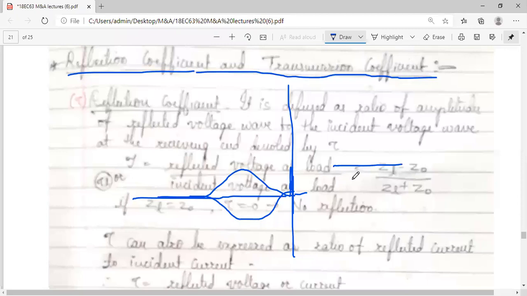Suppose you have a water pipeline. Assume that I am giving you an analogy for the transmission line. Suppose you have a pipe for water flow. You cannot have a single long pipe throughout your complete house.